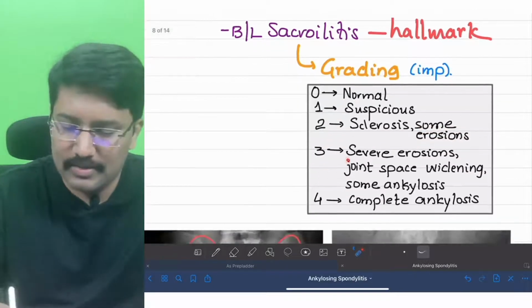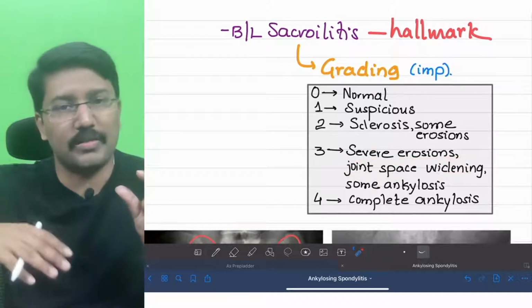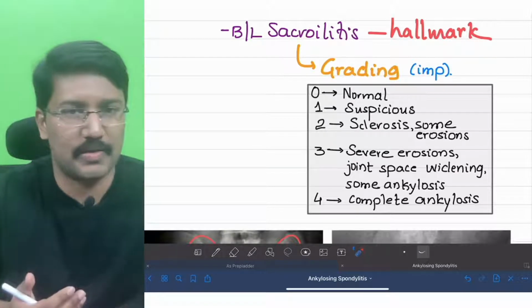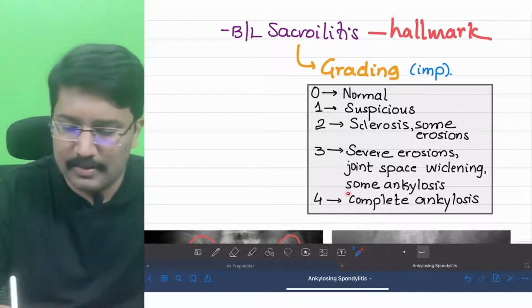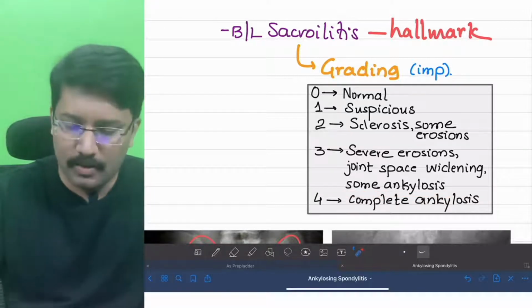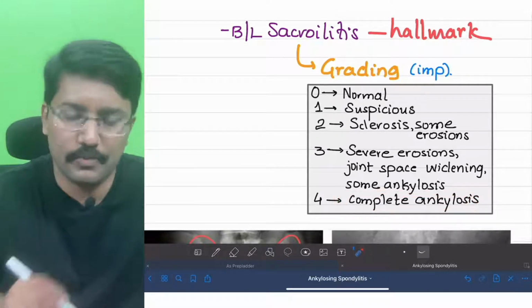In grade 3 there are severe erosions, but there may be joint space widening, which as it progresses causes fusion, right? This is actually a pseudo joint space widening, and some degree of ankylosis, right? That means some degree of joint fusion. In grade 4 there is complete ankylosis or complete joint fusion, right?